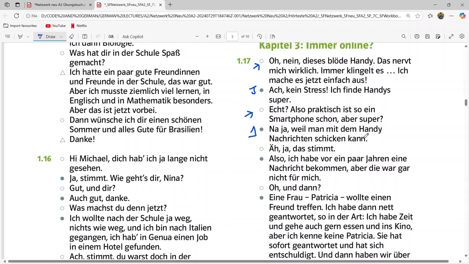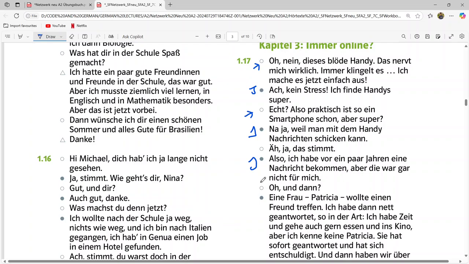So because with a Handy one can send messages. And the friend is saying, yes, I understood. And now Janis is also saying that ich habe vor ein paar Jahren eine Nachricht bekommen, aber die war gar nicht für mich.